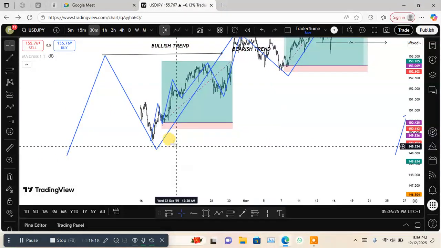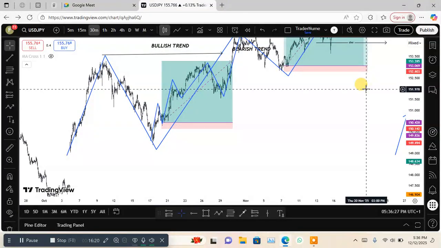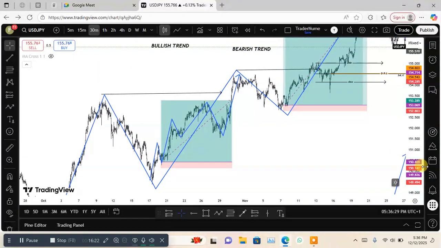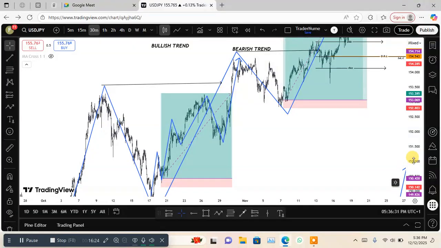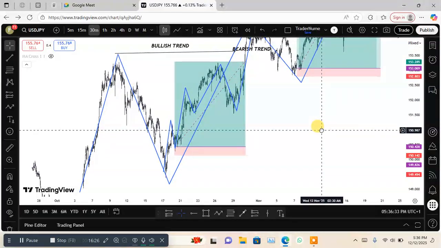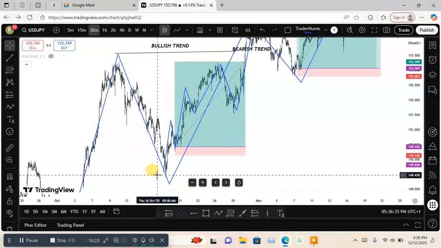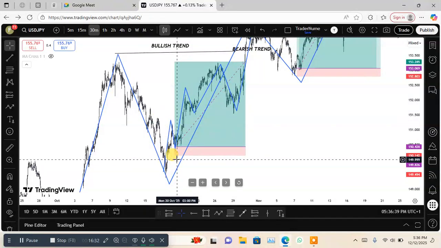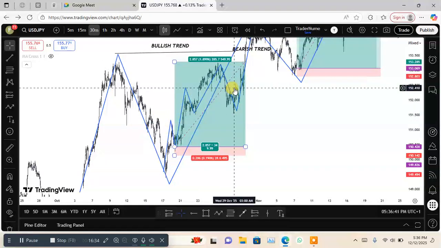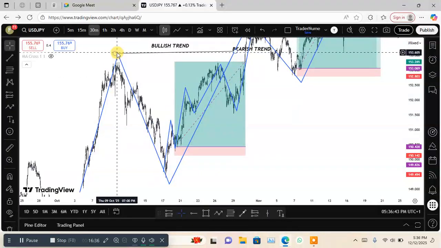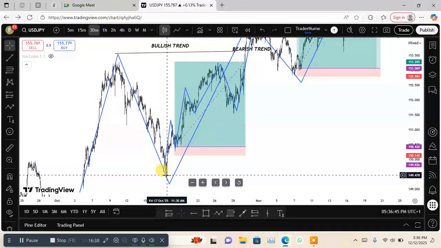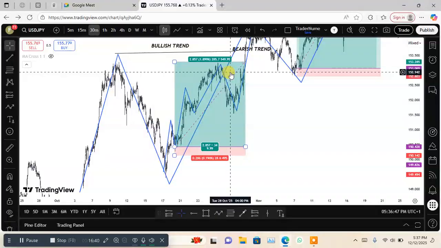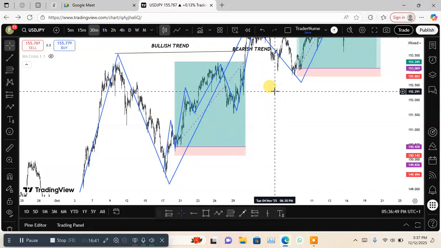From the 30 minutes, there are too many candles because each candle is now 30 minutes. So you see the internal structures now: up, down, up, down, up, down, up, down. Why? The major structure from the 4 hours is just one big down and one big up. So that is it. We have internal and external structure.